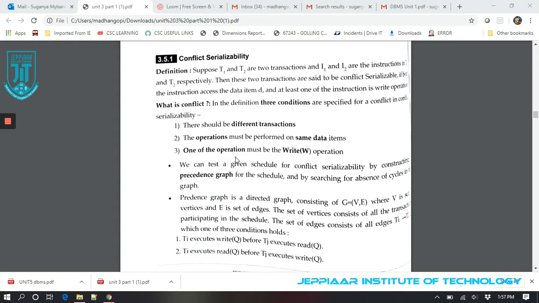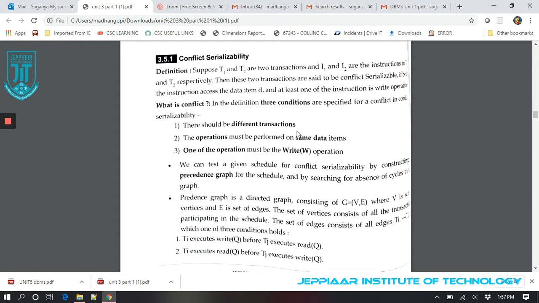based on conditions. Whenever you want to find if a particular conflict is going to be in the serializability, you have to consider these three conditions. First, you have to check if those transactions are different, meaning transaction 1, 2, 3, 4 like that.